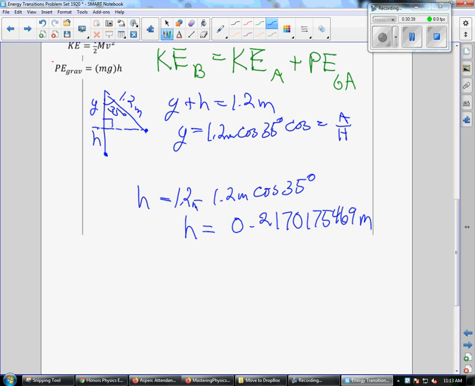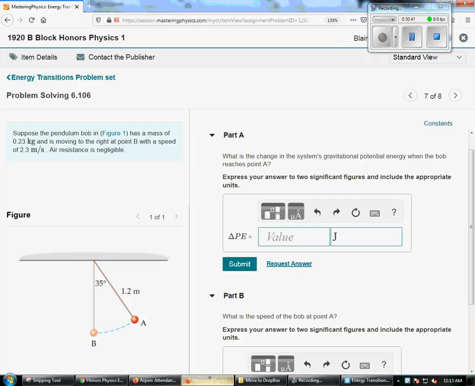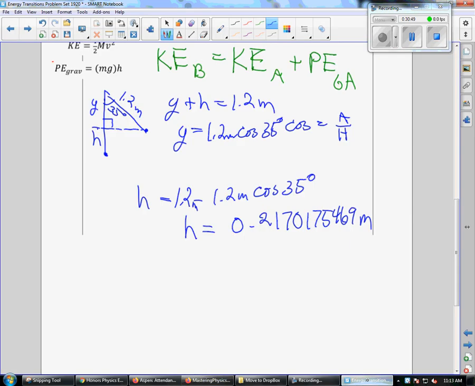And now I've completely forgotten what we were looking for. Change in the potential energy and then speed. All right, so let's do the change in potential energy first.